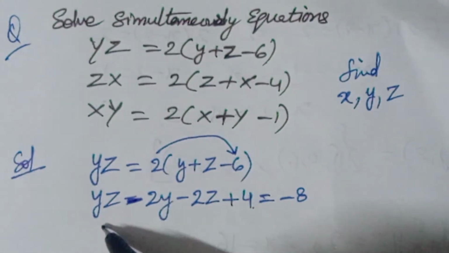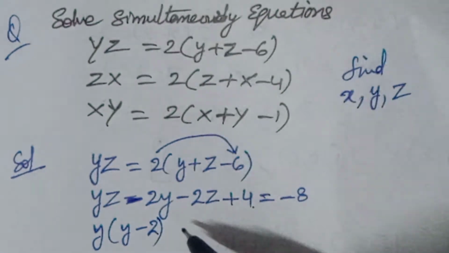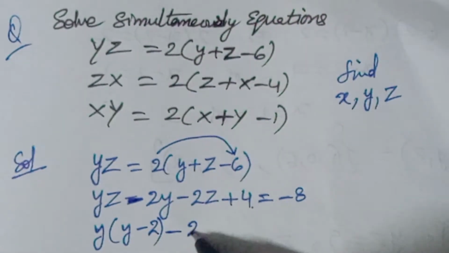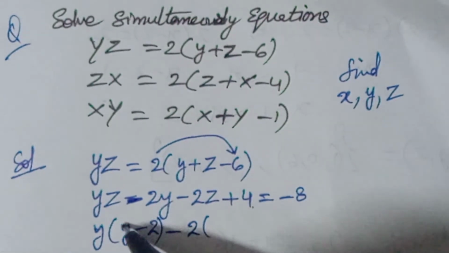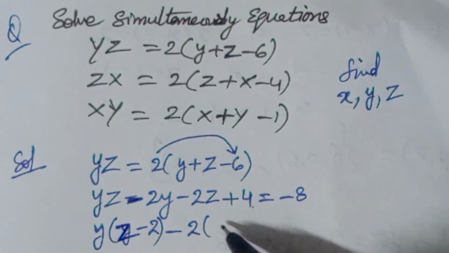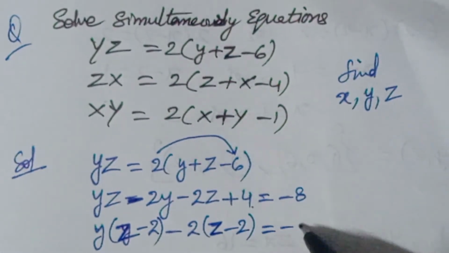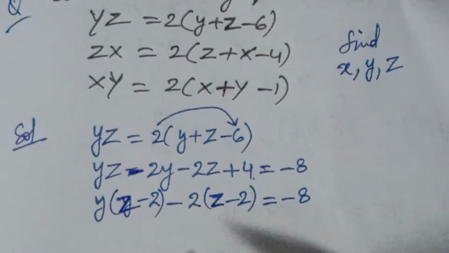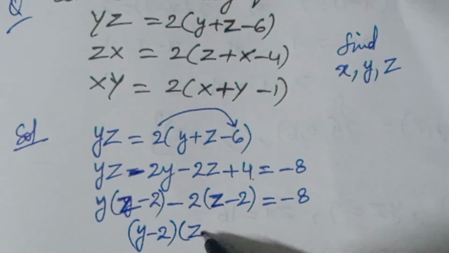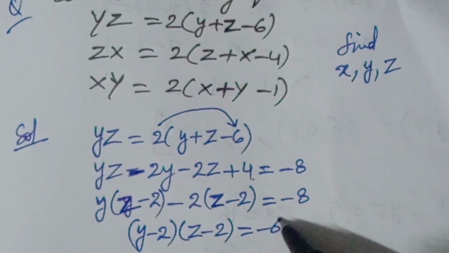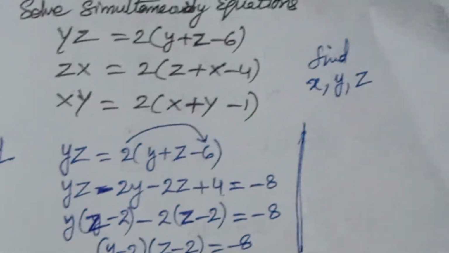Here you can take common y into (y minus 2) minus 2 into (z minus 2). So here z minus 2 is common. So here y minus 2 into z minus 2 is equal to minus 8. This is the first one.